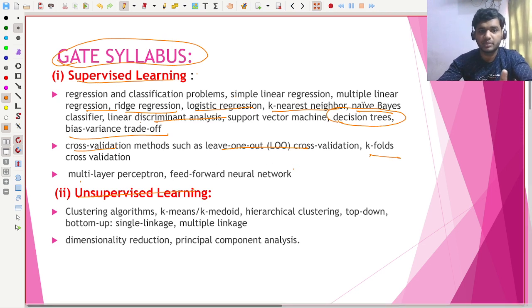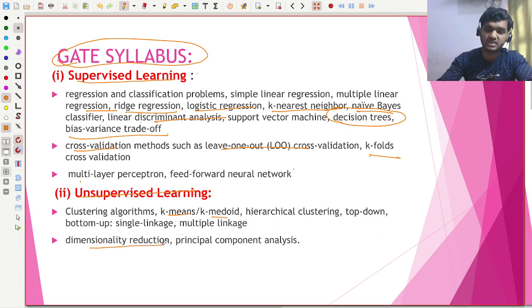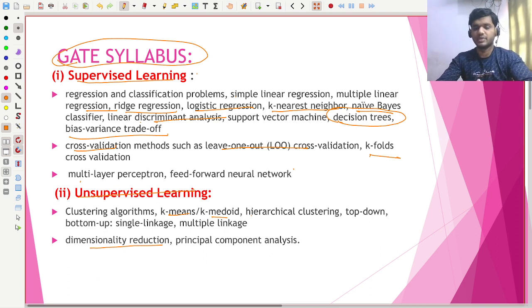After completion of supervised learning, we'll directly discuss unsupervised learning. In unsupervised learning, we'll discuss clustering algorithms such as k-means, k-medoid, hierarchical clustering, top-down, bottom-up, such as single linkage and multiple linkage, then dimensionality reduction, and after that PCA. PCA means principal component analysis. So this is the total GATE syllabus of machine learning.